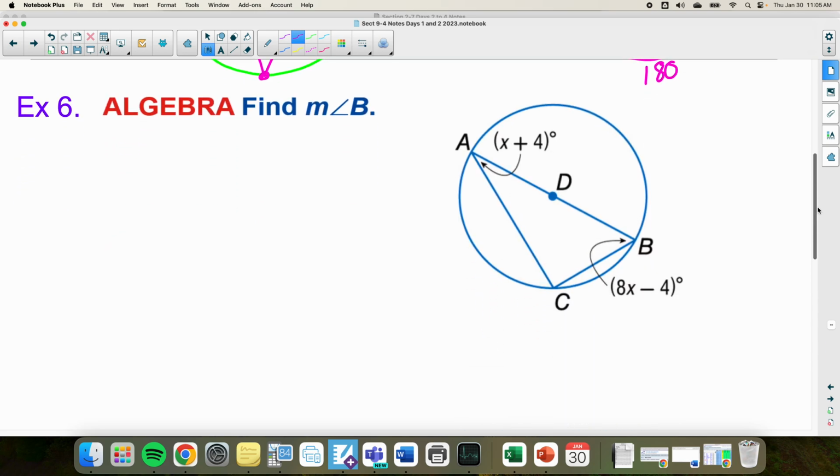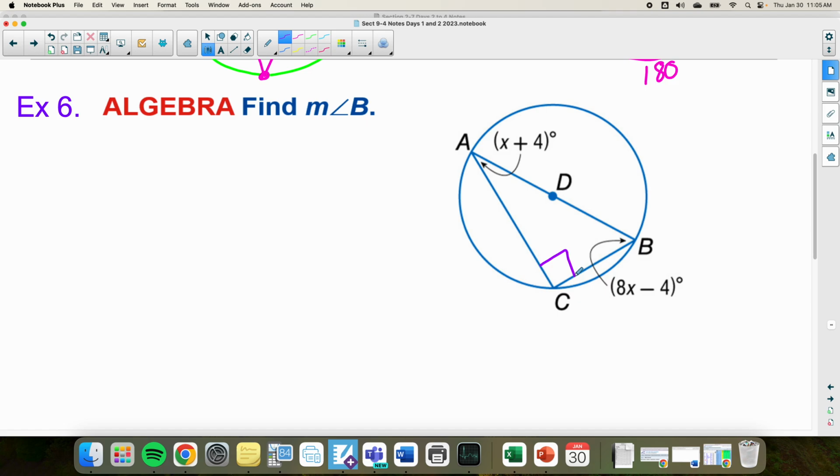So you're gonna get some problems today that look like this, okay? And you're gonna have a triangle inside of a circle where one side is a diameter, and what you can do then is think the angle opposite that diameter is gonna be right.